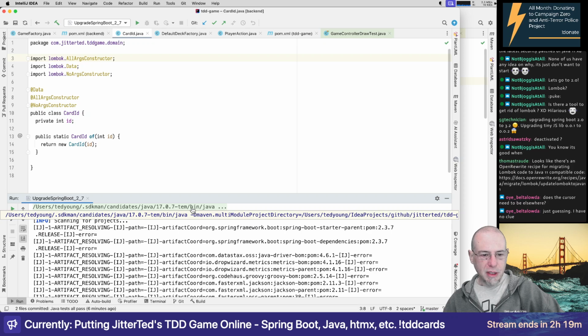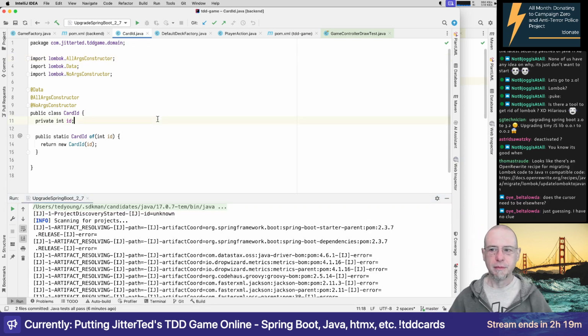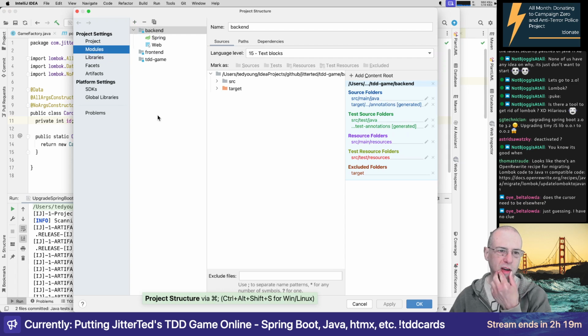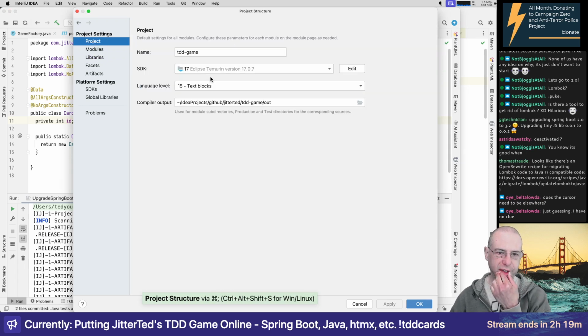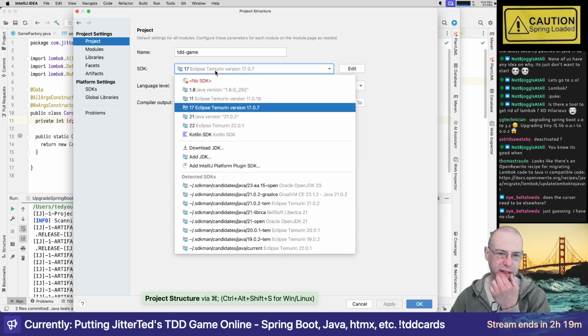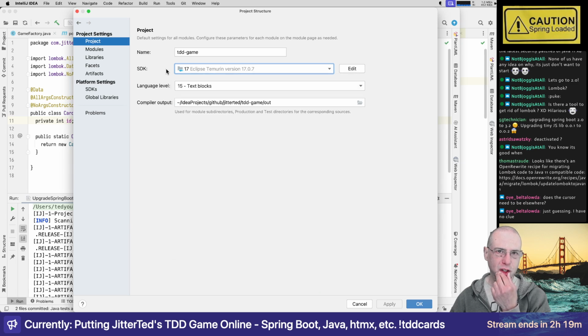So it was using 17. But we're on 15. So I'm not sure. I mean, I would like to get rid of Lombok anyway.